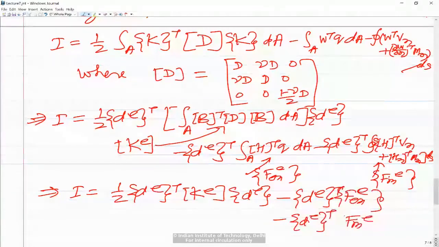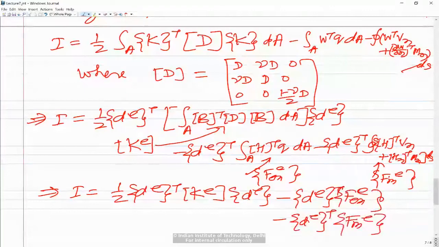So this is your I. Here I have already defined that K is integral over A of B transpose D B dA, and F external is integral over area of H transpose Q dA, and F internal is integration over the boundary of H transpose Vn plus Hn transpose Mn ds. So that is F internal.